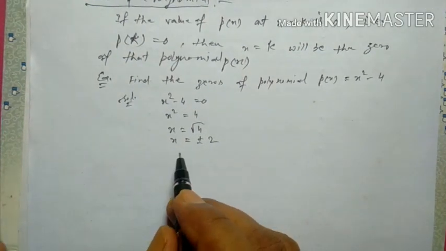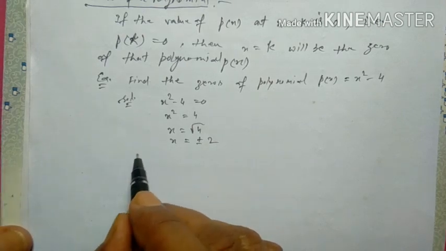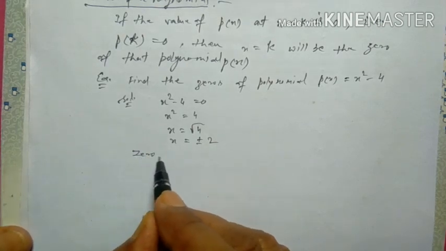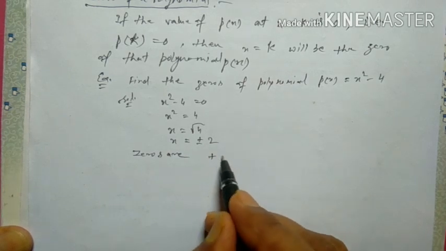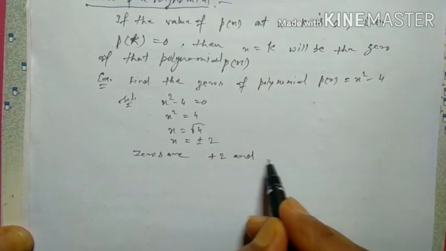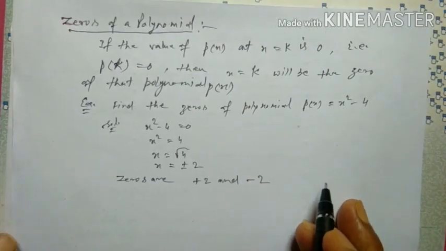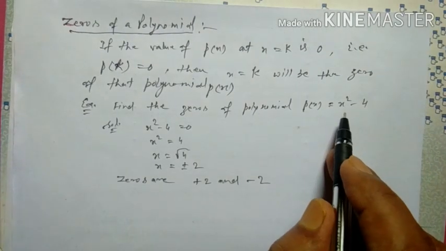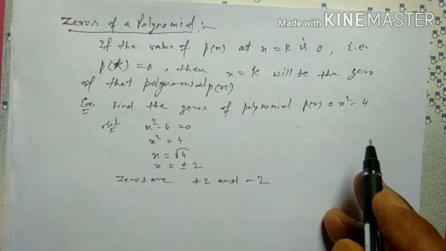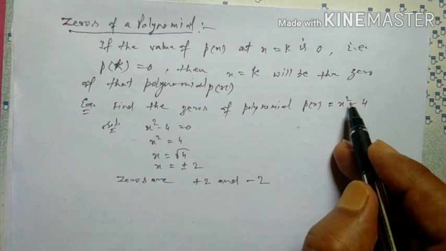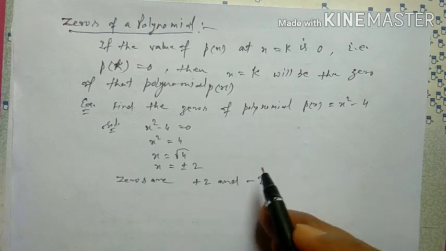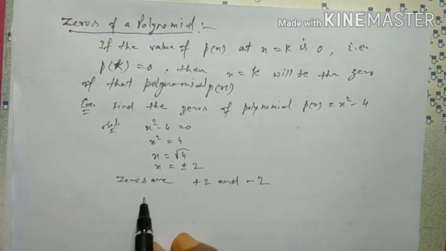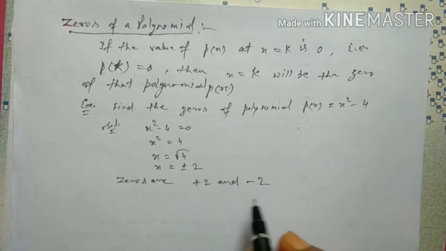So there are two zeros, plus 2 and minus 2. The highest degree of this polynomial is 2, so there will be two zeros.